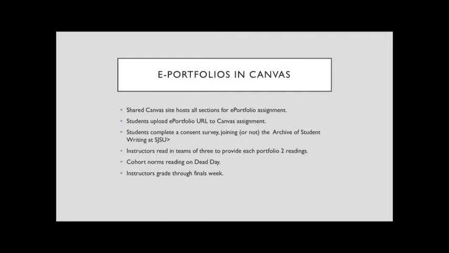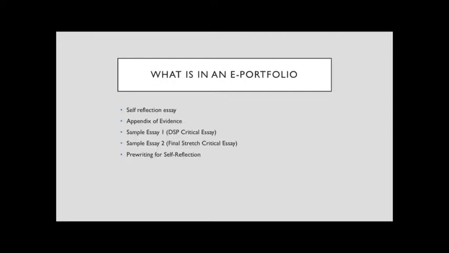In our ePortfolio, what is an ePortfolio? You've seen these if you looked at the DSP portfolios from last summer. In Canvas, there's a feature. You can go in your account, and you may have made one yourself. You create an ePortfolio. Into the ePortfolio for Stretch, currently, there is a self-reflection essay, an appendix of evidence, the sample essays, and in this case, in the DSP portfolios, we happen to have a critical essay.